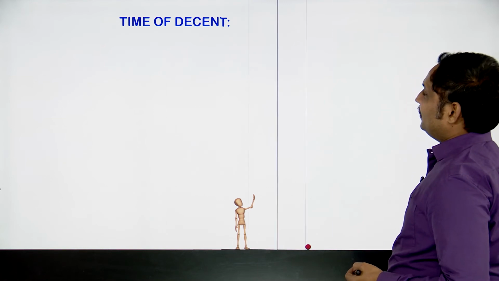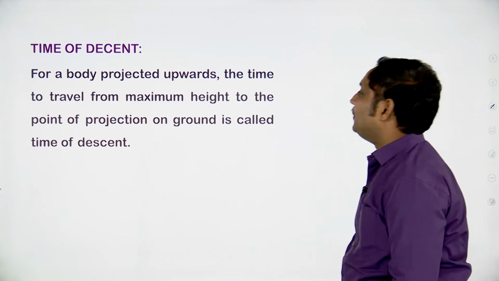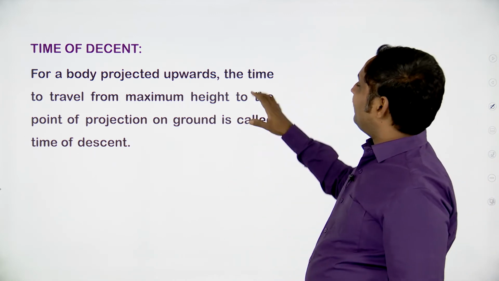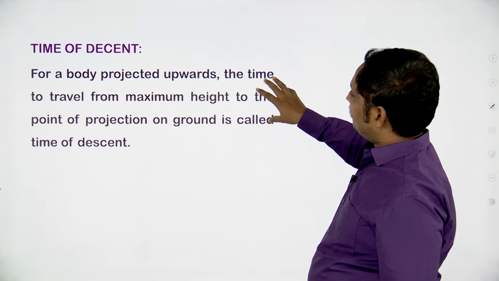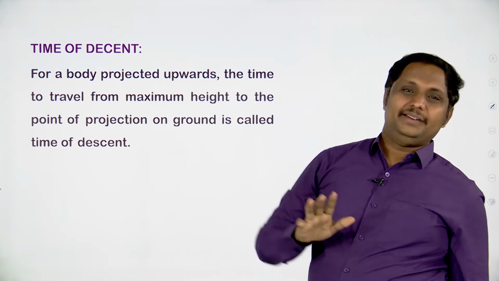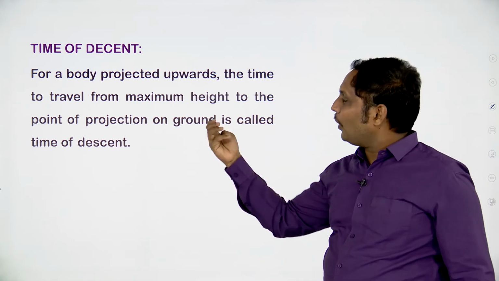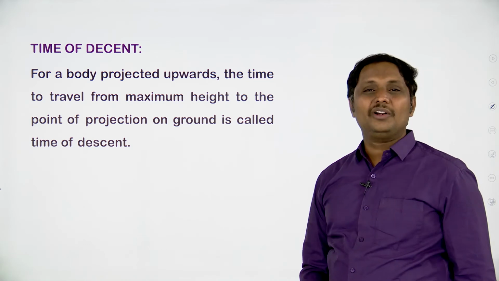Time of descent: for a body projected upwards, the time taken to travel from the maximum height to the point of projection on the ground is called time of descent.